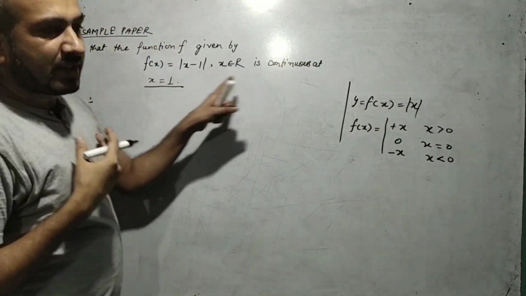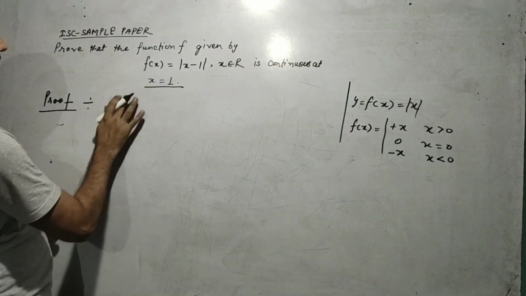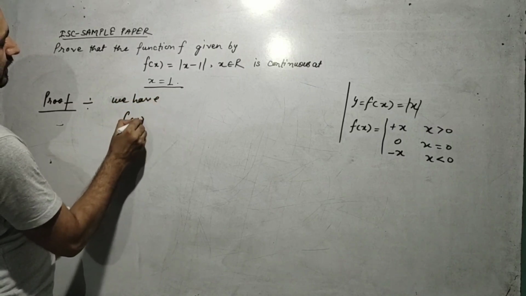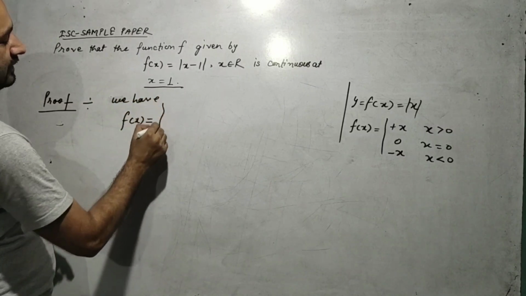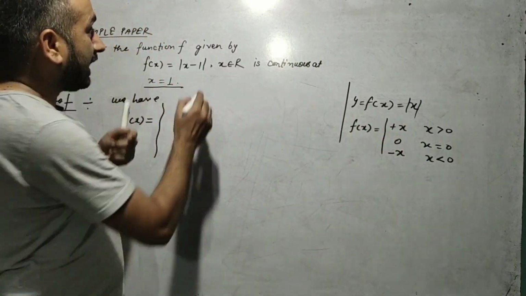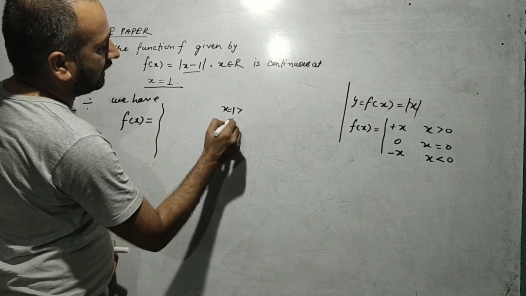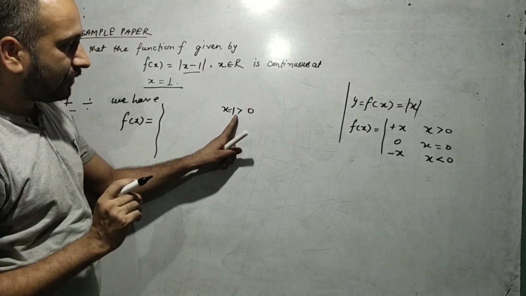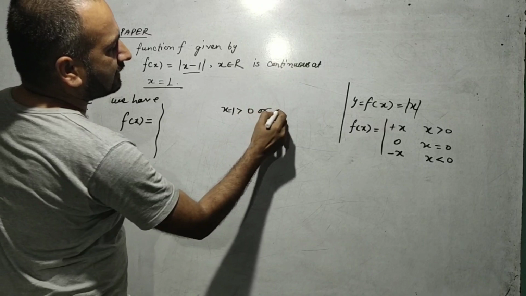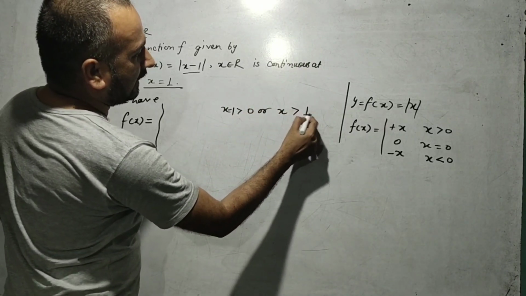Similarly, I will change it here. So f(x) here, the value inside is not x, it's x − 1. So when x − 1 is greater than 0, after solving you will get x greater than 1.